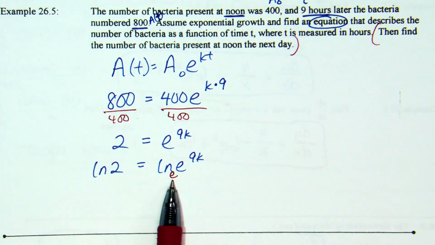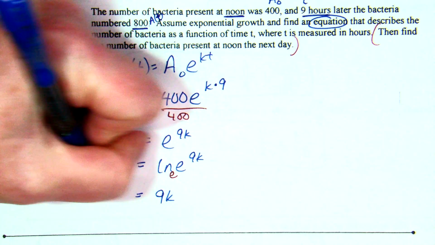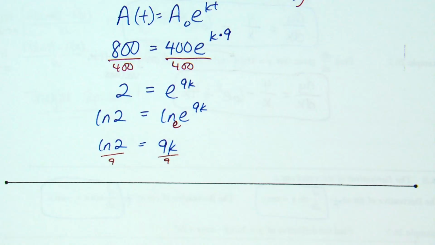So this is log base e of e to some power. So what's the shortcut? This just equals 9k. So you have 9k is equal to natural log of 2. So what does that make k? Divide by 9. And k is the natural log of 2 divided by 9.